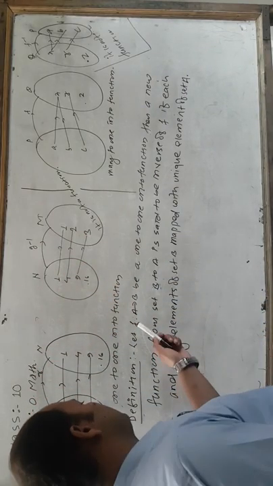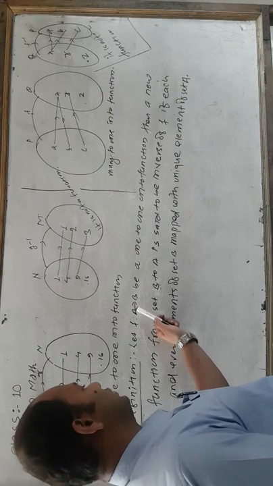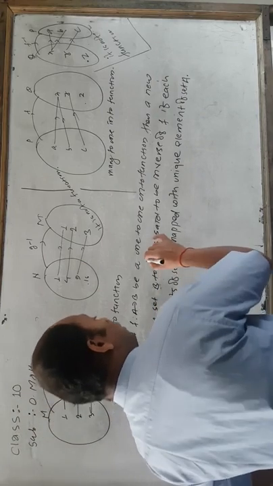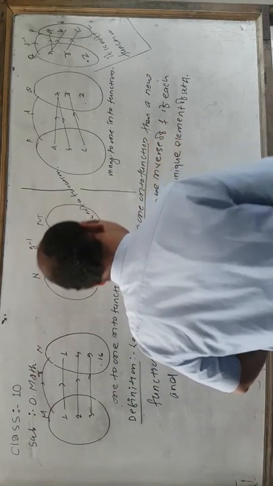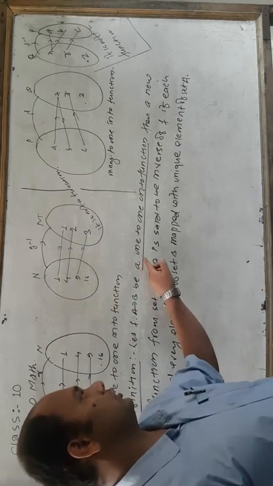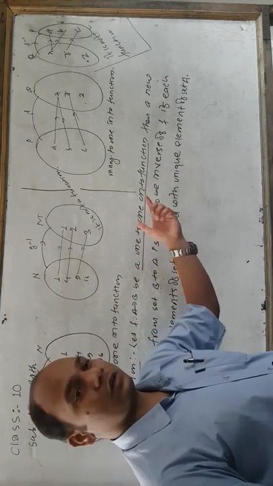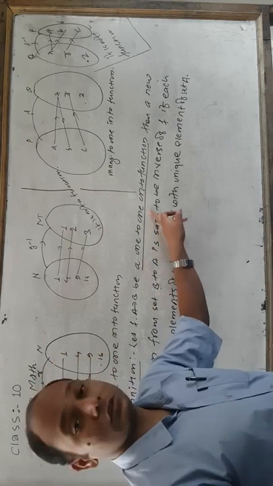Now listen here. Let function f: A to B be a 1 to 1 onto function. First you include a 1 to 1 onto function. Why? Because we can only find the inverse of this function.